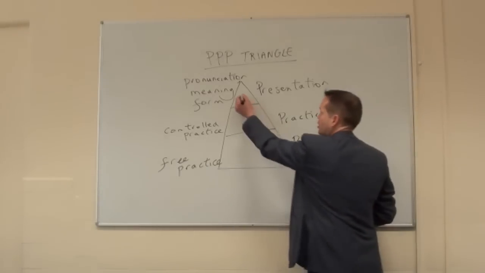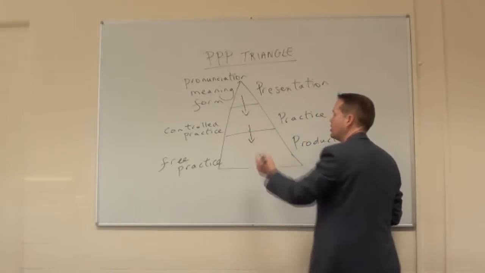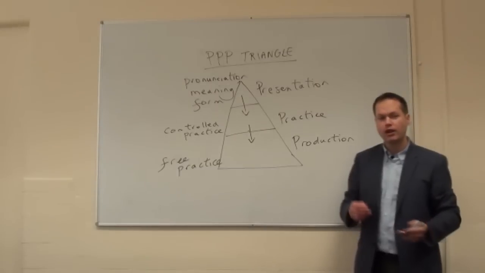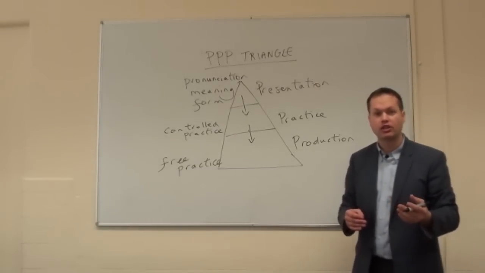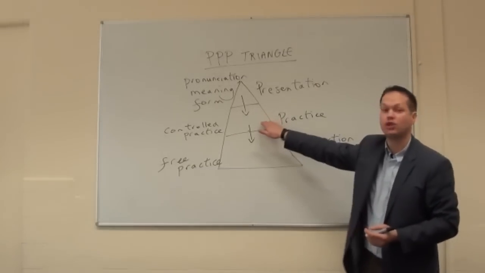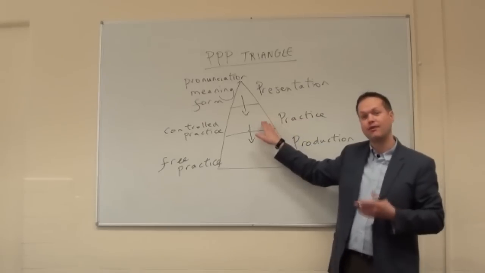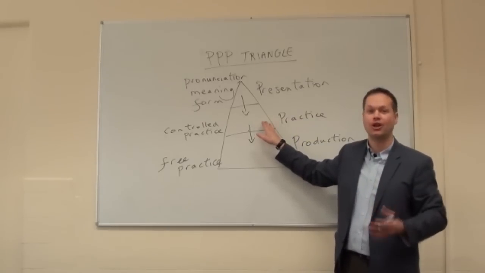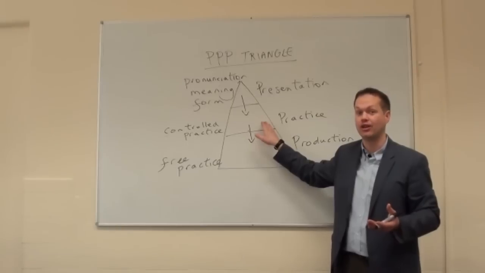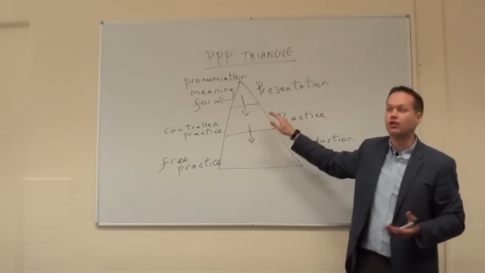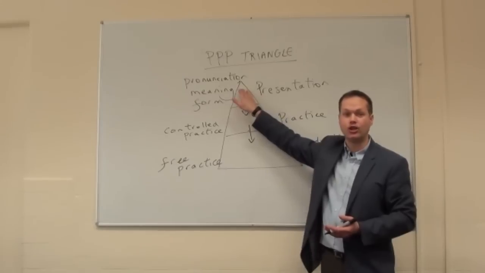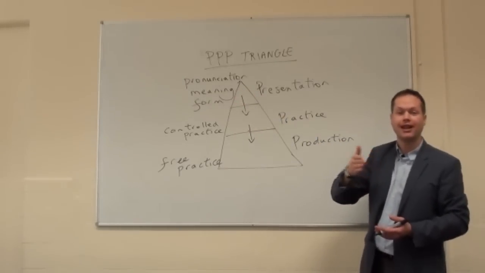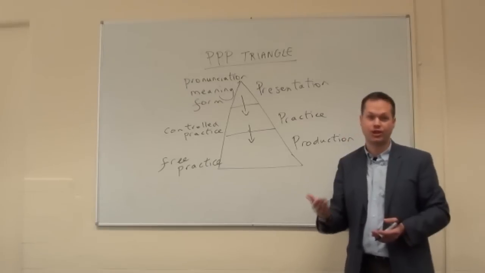So the lesson will move through these stages. Now what happens if you find something doesn't work? Perhaps you get to the practice stage and you find students are mispronouncing the word or they're using the grammar inaccurately. What you need to do then is you need to go back a stage. You need to take a step backwards and do the previous stage again.